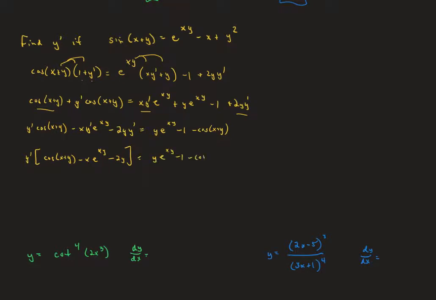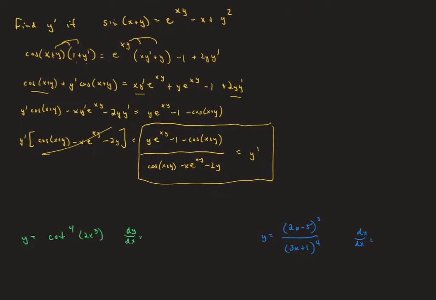And then we're going to divide all of that stuff that we factored out to this side, the cosine of x plus y minus x e to the xy minus 2y, getting rid of that, and that is going to be our y prime.